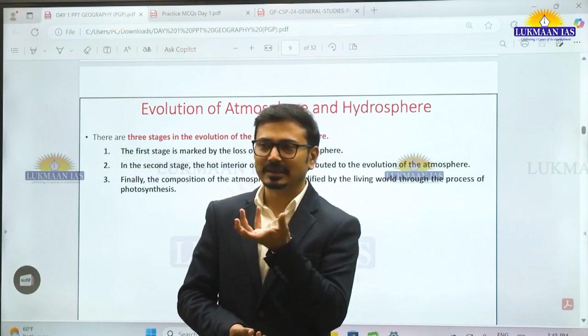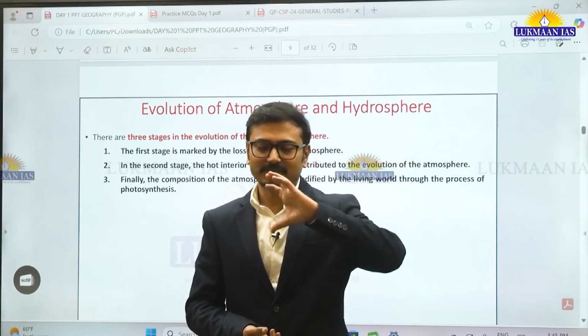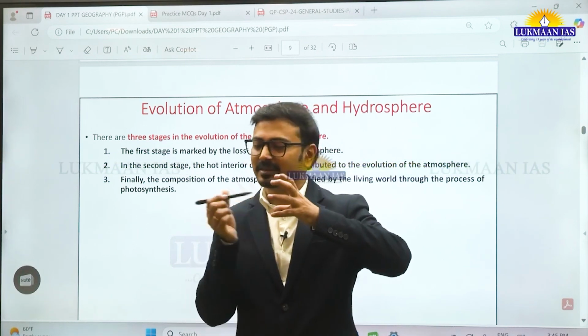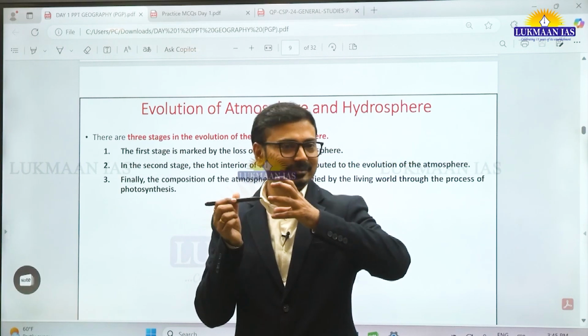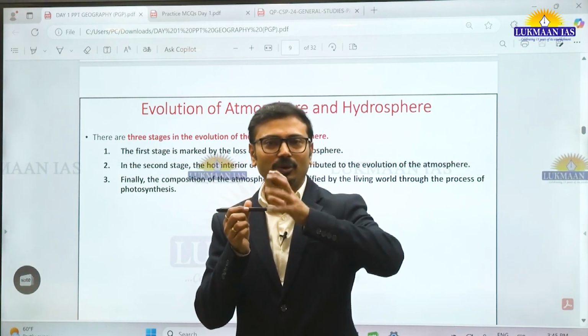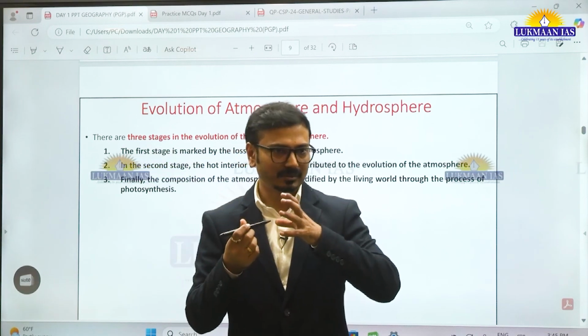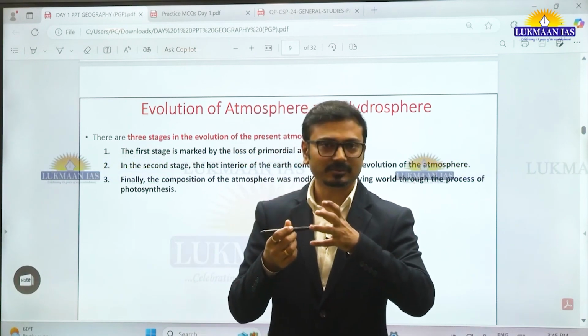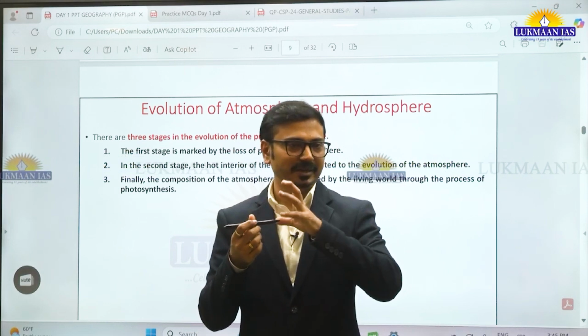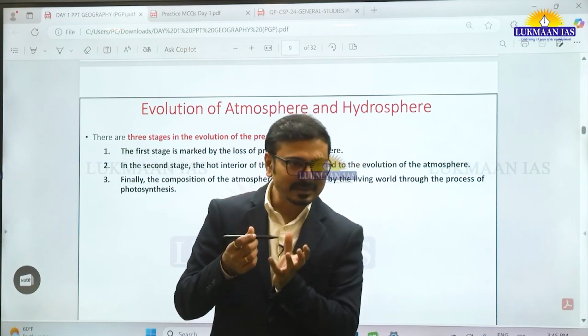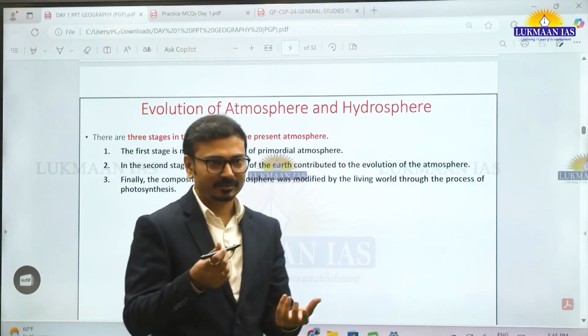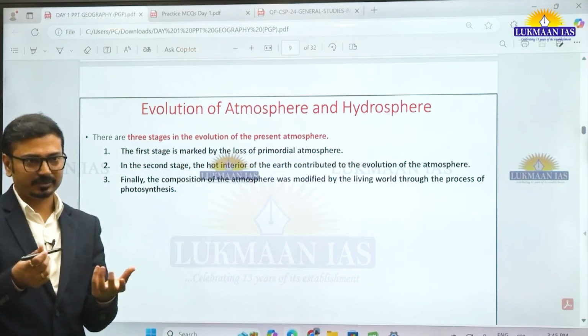All the other bodies are rotating like this, but Uranus has its axis in a horizontal manner. That means the plane of rotation and the plane of revolution around the sun make a larger angle, up to 90 degrees. That is less in other planets. This is the difference actually.